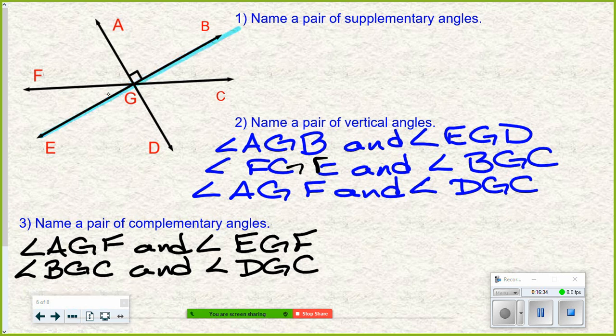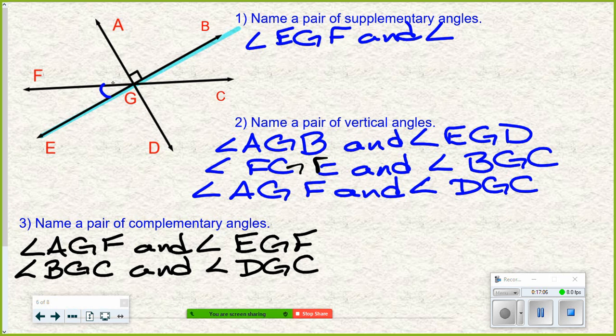Now I need to make my way from one side over to the other side using 2 angles. So let's start with this angle, angle EGF. Now I need an angle that will take me the rest of the way over to here, right? Because from here to here is 180 degrees.